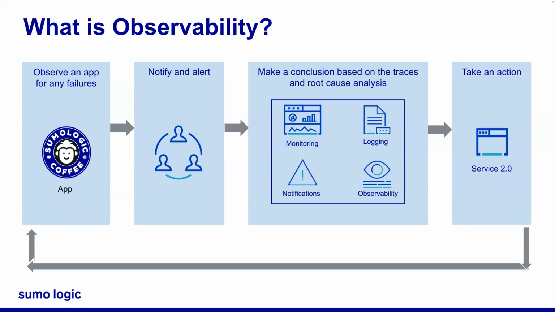Using some of the tools we're going to look at today, you start to make conclusions about what is occurring using Root Cause Explorer and tracing, and then you take an action. Then you're probably going to repeat that process multiple times throughout the day. So this is what observability is and how it helps us.